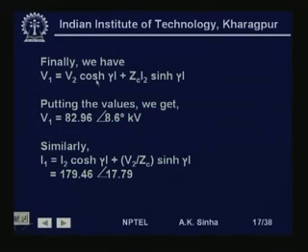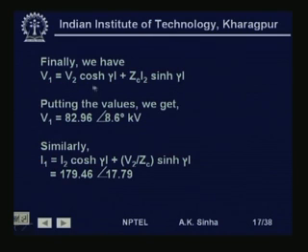Therefore, now we can calculate the sending end voltage V1, which will be given by A V2 plus B I2, where A is cosh(γL) and B is Zc sinh(γL). Therefore, V1 is equal to V2 cosh(γL) plus I2 into Zc sinh(γL).